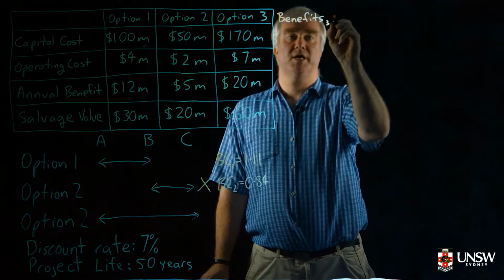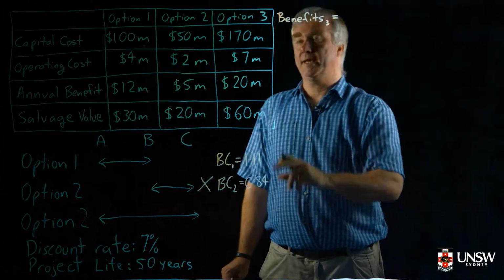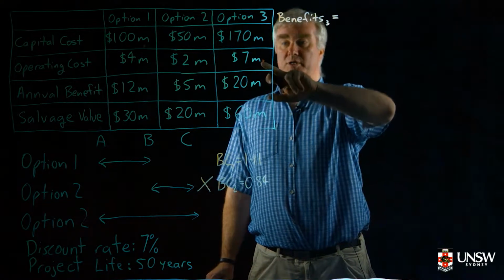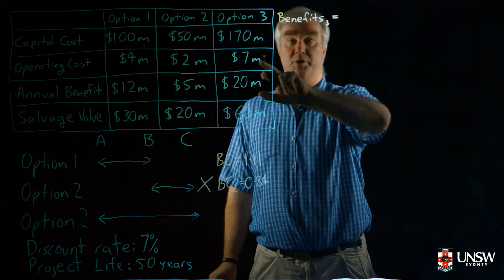for option 3 are equal to, once again, we're going to take our annual benefit of $20 million minus our annual cost of $7 million.